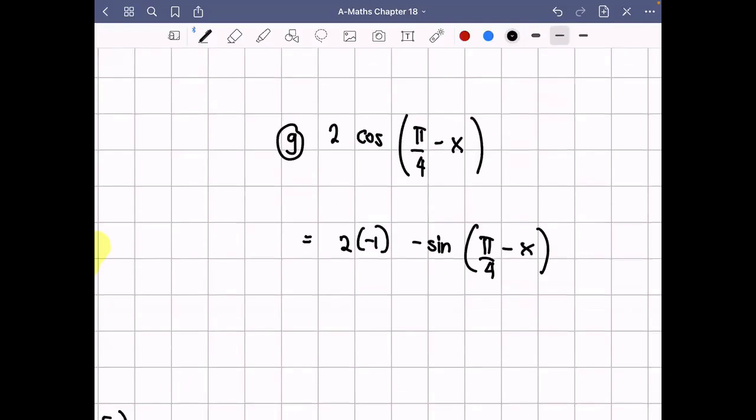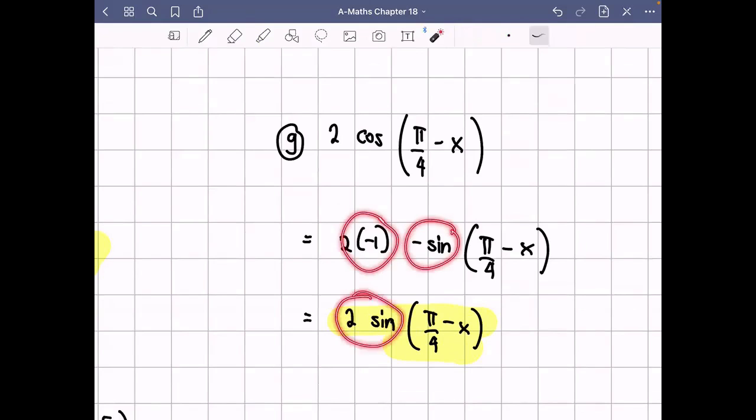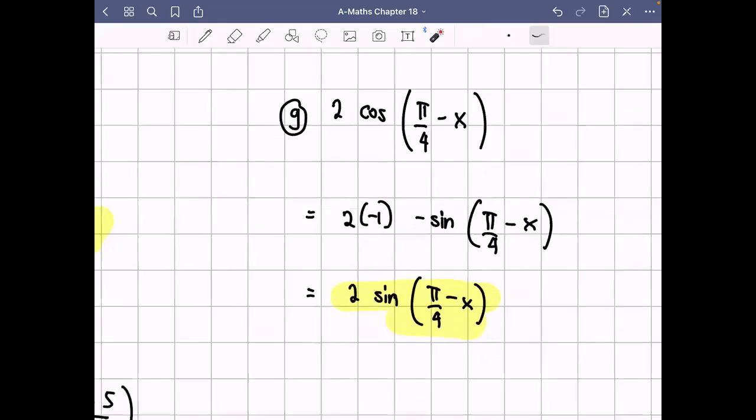Therefore, your answer is 2 sine of pi over 4 minus x. Okay, so very good again. So that's your answer. Again, negative 2 times negative sine x, positive 2 sine of pi over 4 minus x. So again, just a reminder, even though the variable is behind, it's still your coefficient. So we're multiplying negative 1 to the identity.